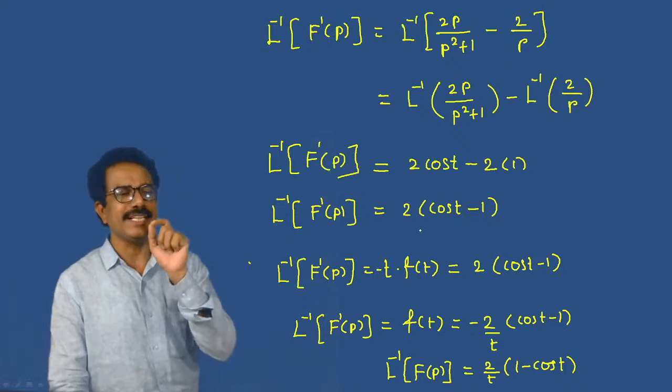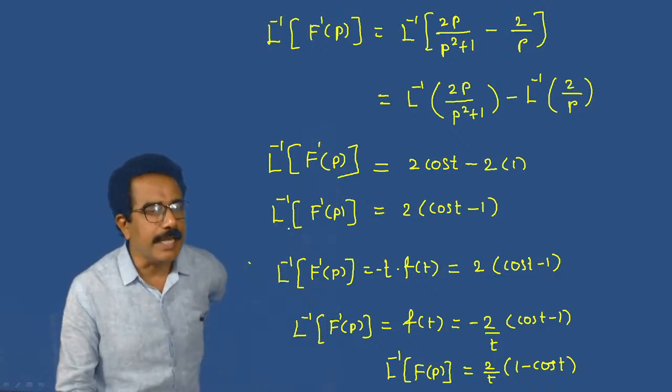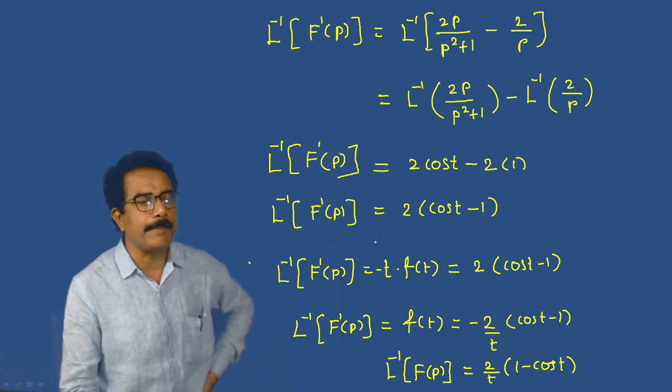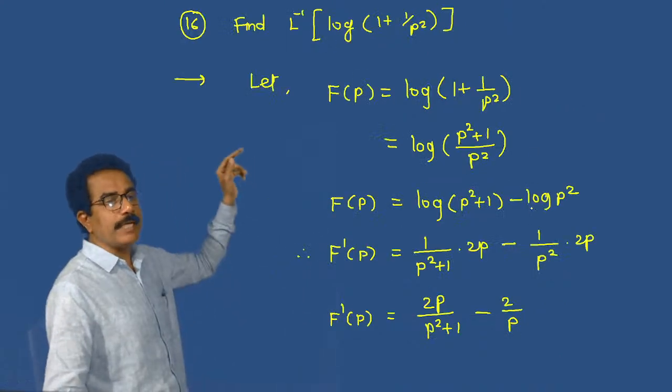Now student, the turning step is very important here. This is L inverse of F dash of p is equal to this. But actually what do we have to calculate?